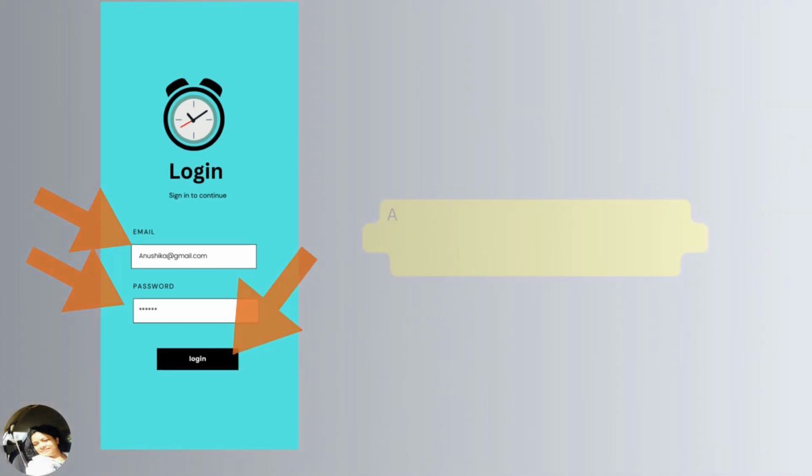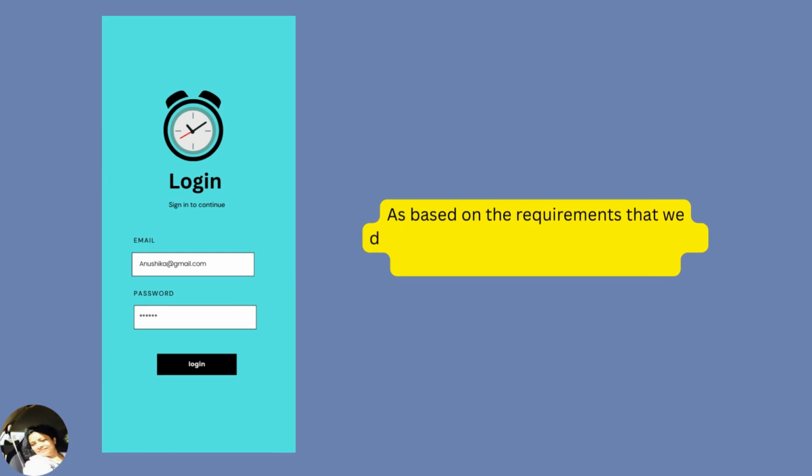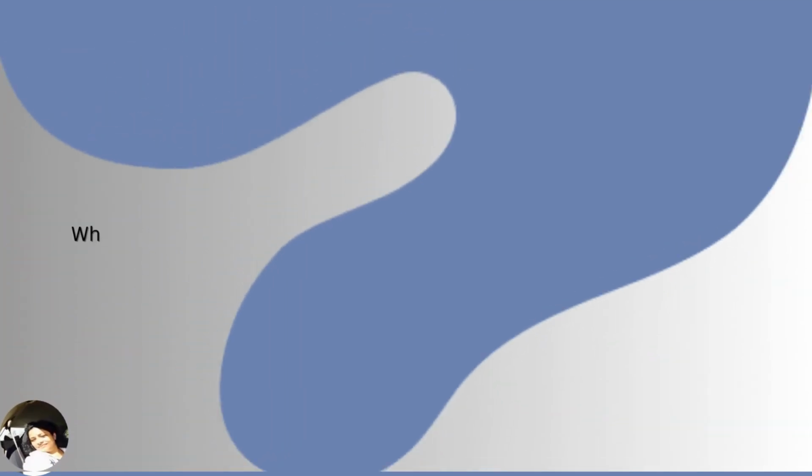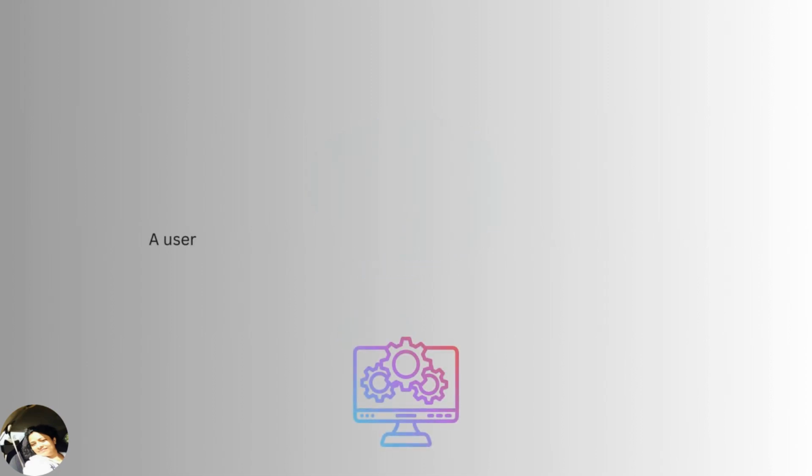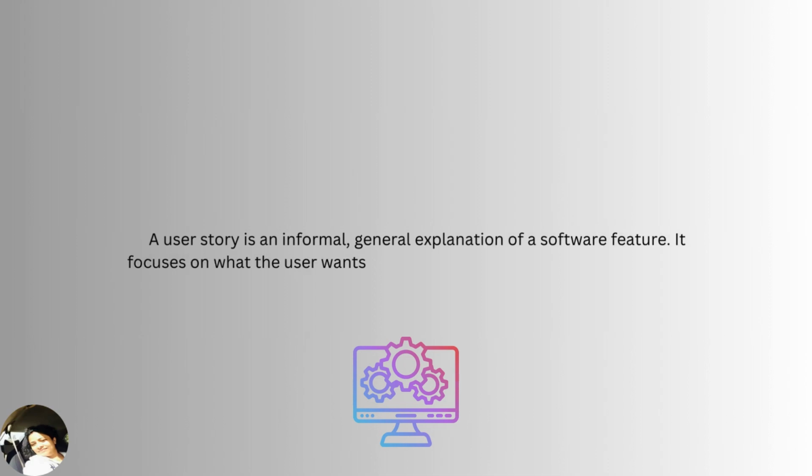Based on the requirements that we discussed just now, let's create some user stories for a simple login page. What are user stories in software testing and how to write them based on requirements? A user story is an informal general explanation of a software feature. It focuses on what the user wants and needs, ensuring that the program aligns with those demands.